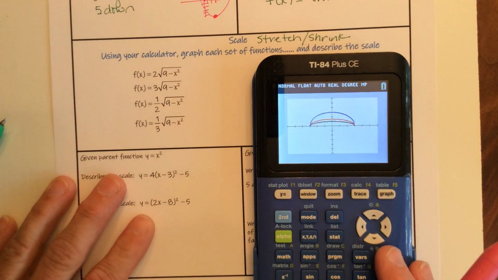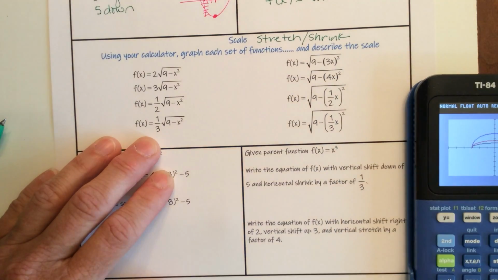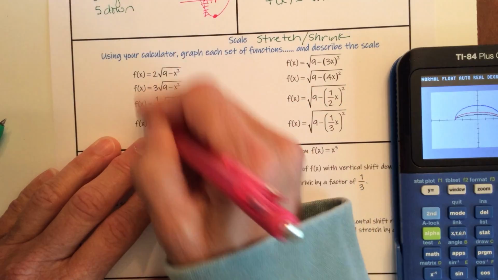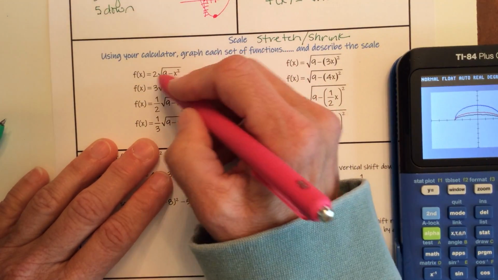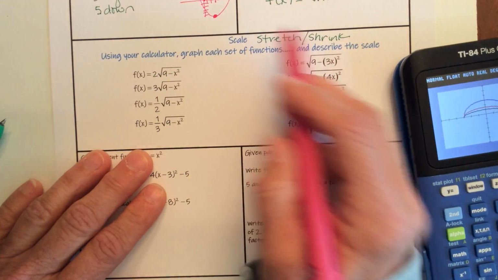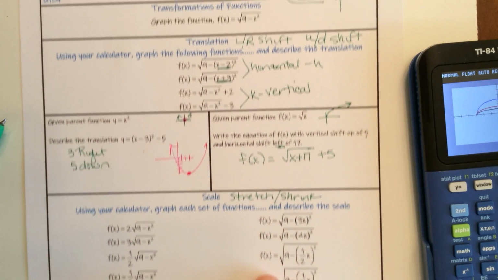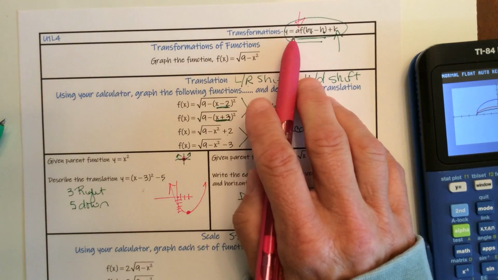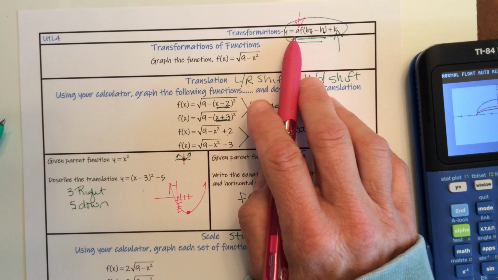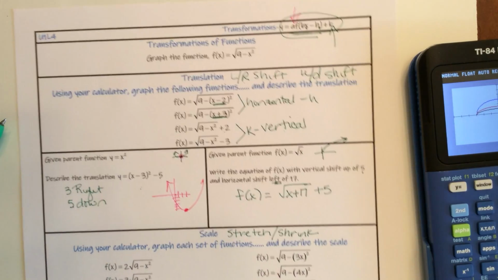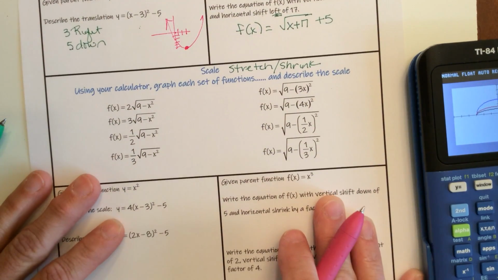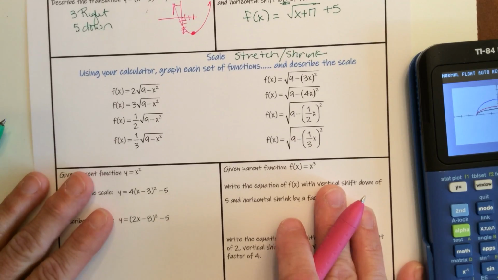So what have we seen? What we've seen is that for this set, the A value is going to indicate a vertical stretch.